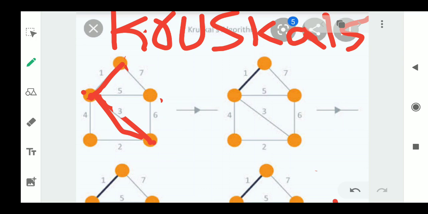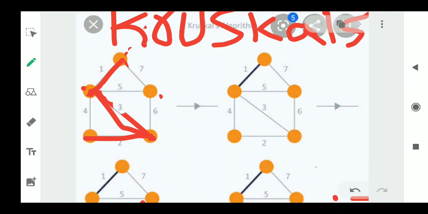From 2 I will again see the adjacent edges, this one and this one, right? The least cost here is 2, so I will select that least cost edge, which is 2. So now we came to this particular one.